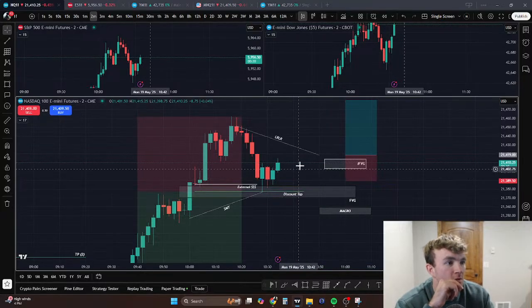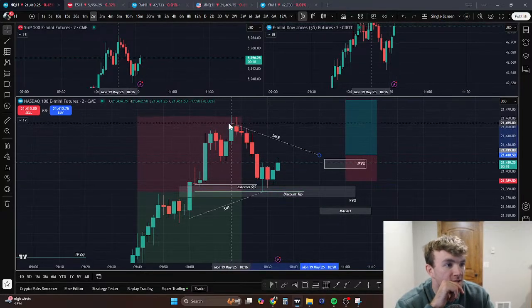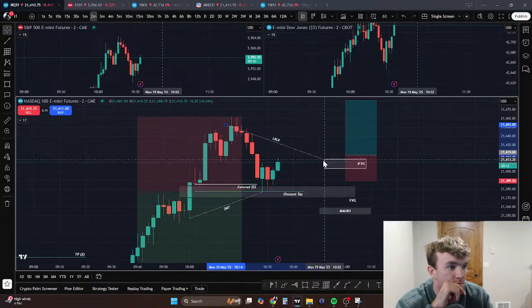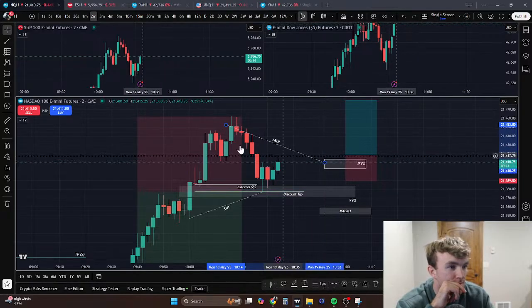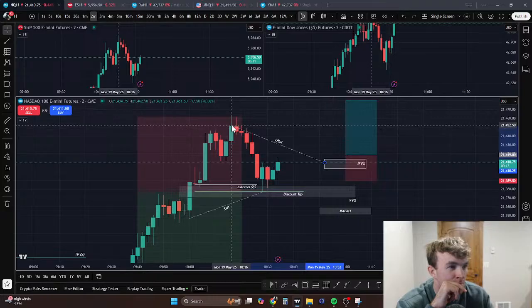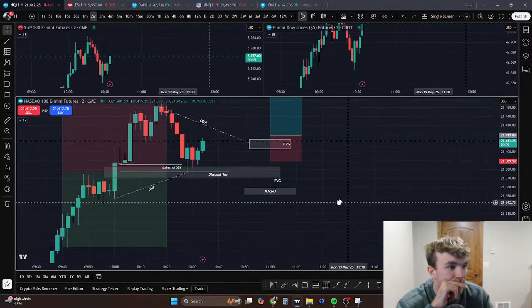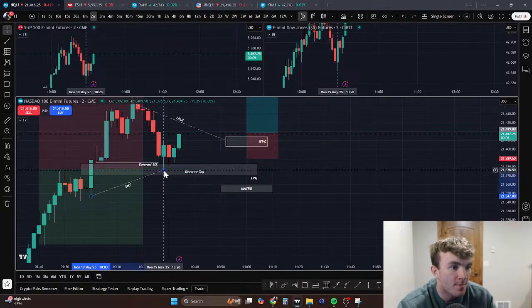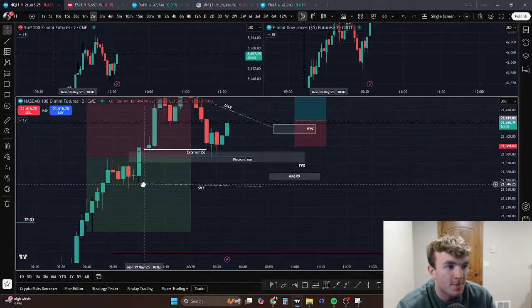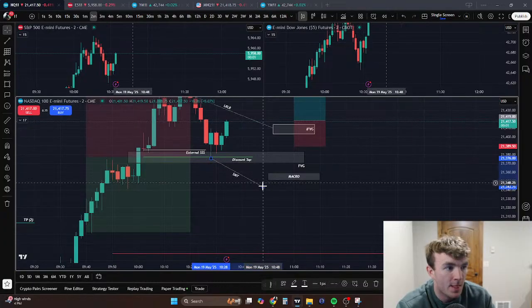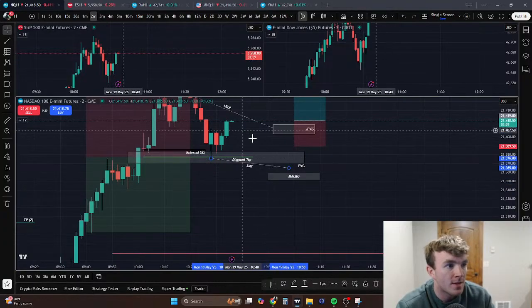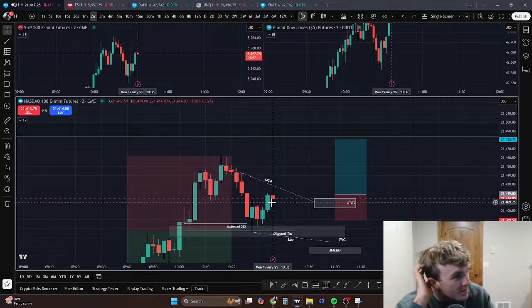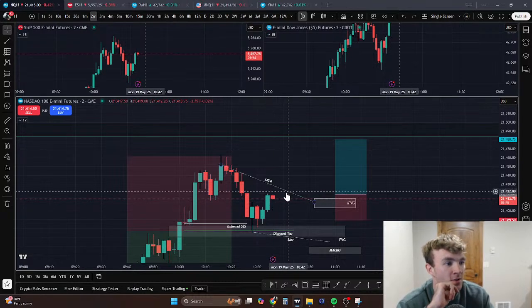Just watching. I want to see this generate more liquidity, and then maybe SMT with this low too. That would be kind of cool. I'm not convinced it's ready to go run liquidity yet.